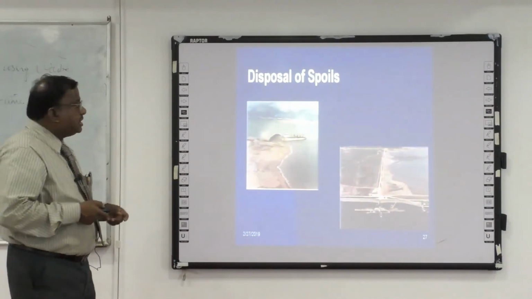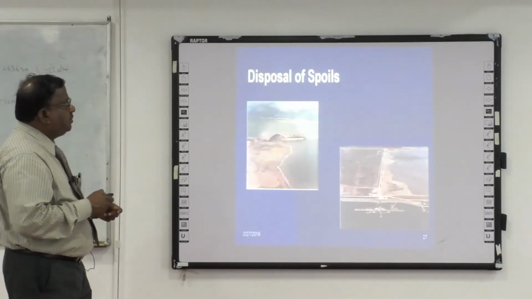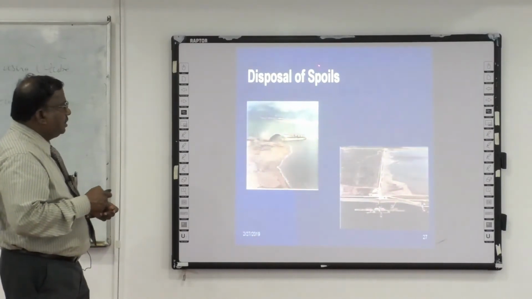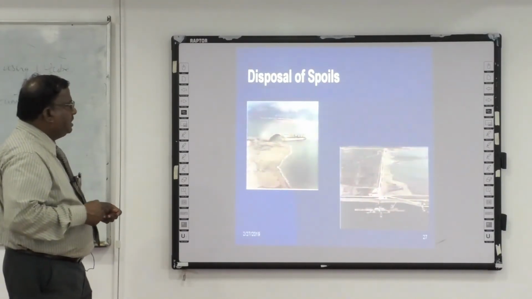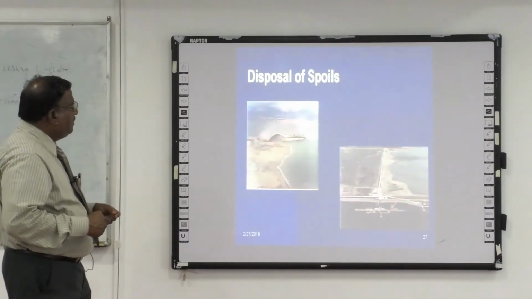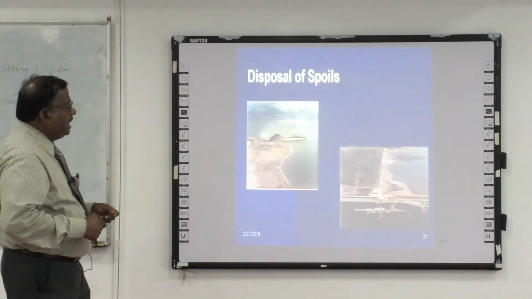So the identification of the location for disposal of spoils, the dredged material being called spoils, is most important. The disposal will differ depending upon the quality and quantity of spoils. For example, it can be removed, piped, and disposed in a nearby land area.